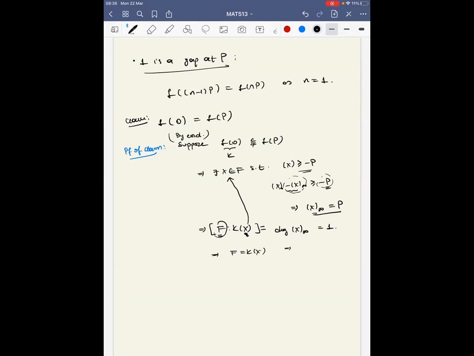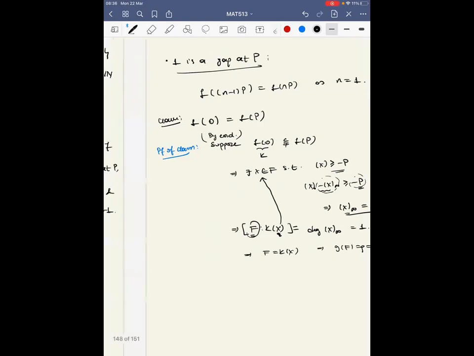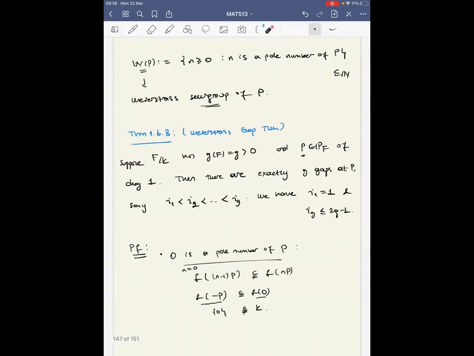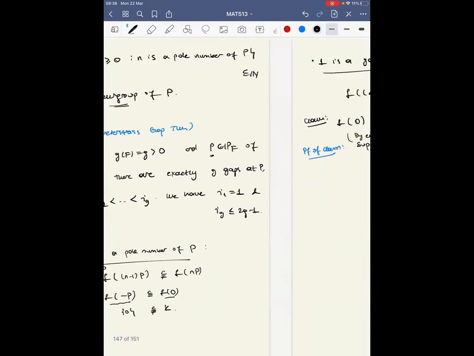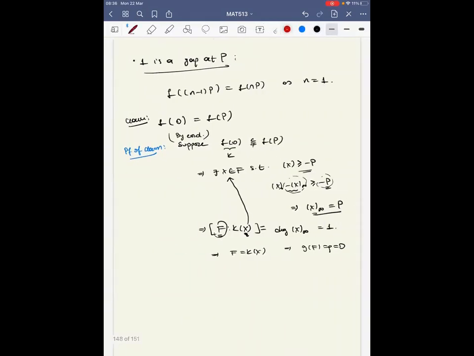Indeed, this shows us the genus is 0, but it contradicts our assumption. So in this case, the space of the zero divisor must be equal to the Riemann-Roch space of the rational place P. And this shows us that 1 is a gap at P.